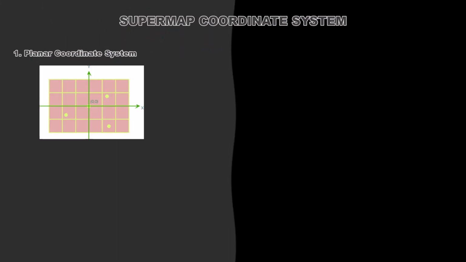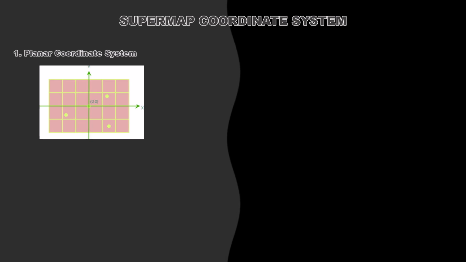In Supermap, there are 3 types of coordinate systems: planar coordinate systems, geographic coordinate systems, and projected coordinate systems. Planar coordinate system is generally used as the coordinate reference of data that is relative to geographical location, and is also the default coordinate reference of new data.